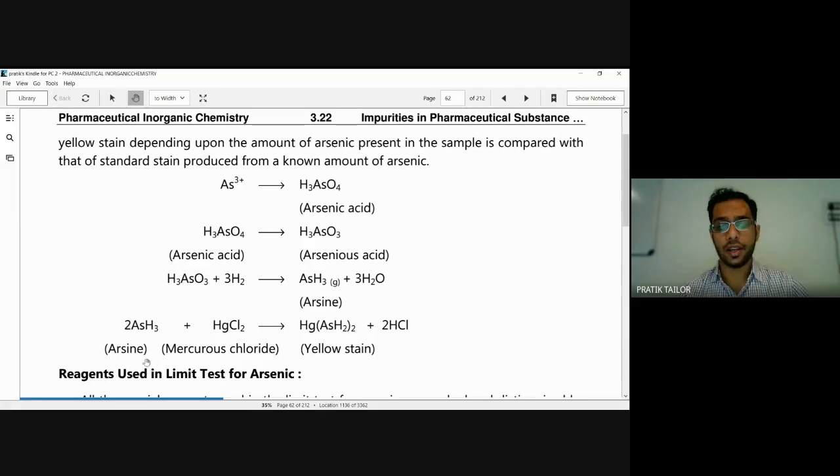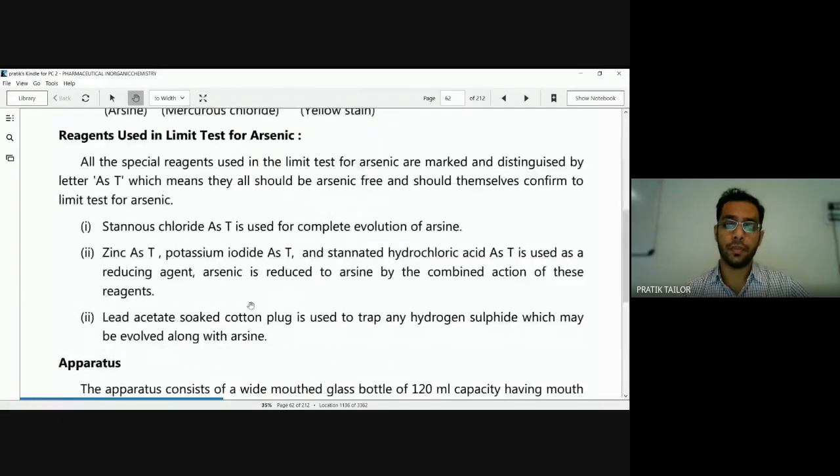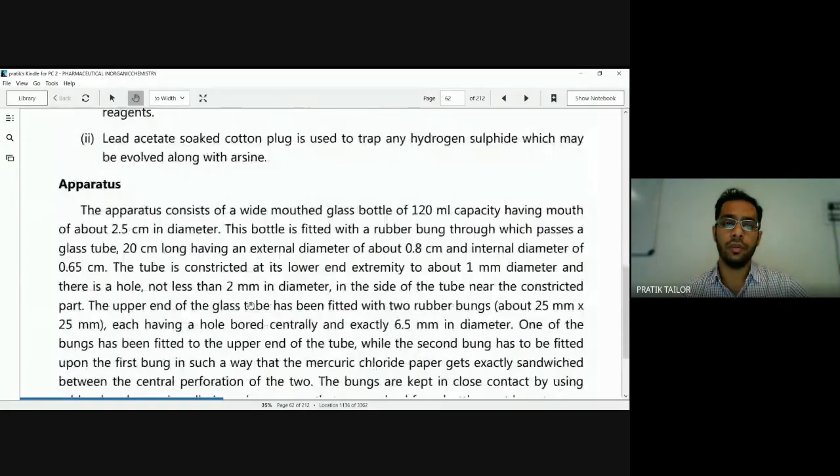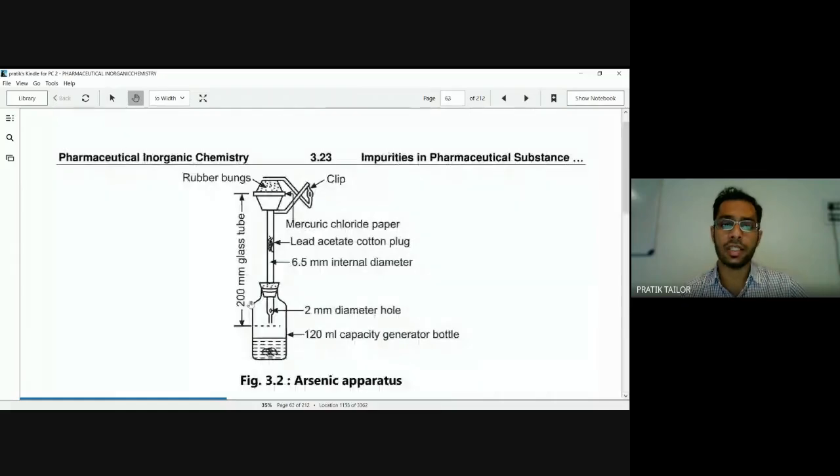This gas forms a yellow color stain when it comes in contact with mercurous chloride. The mercuric chloride solution will be on the paper. This gas will travel through the tube in the apparatus. You can see the apparatus.